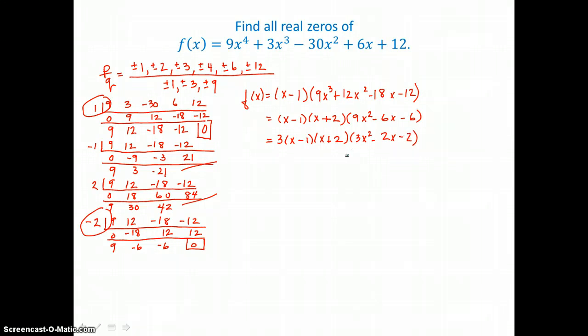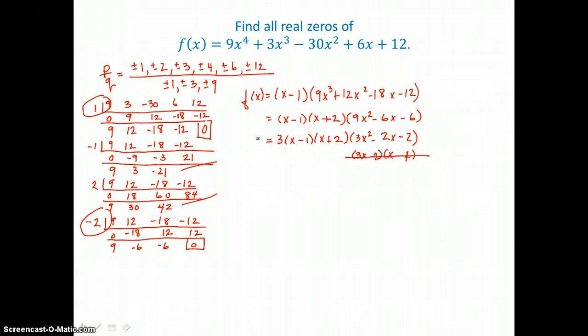Okay, and now I want to try and factor that trinomial into a binomial times a binomial. So I'd factor 3x squared into 3x times x, and 2 into 2 times 1. Those are my only possibilities. But if I put 1 here and 2 here, I can't add 1x to 6x to get 2x in the middle. And if I switch them and put the 2 here and 1 here, I can't add 2x to 3x to get 2x in the middle. So that quadratic is not going to be factorable.